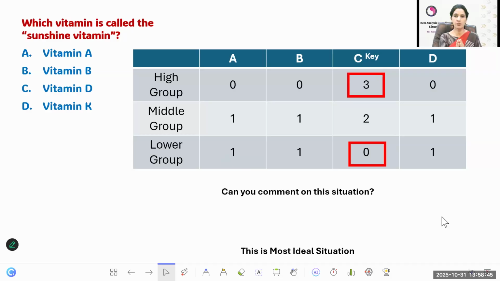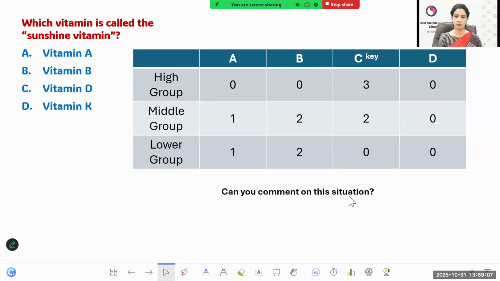What do I mean by most ideal? The lower performers could not guess the key and they have been distracted towards the distractors. They have not given the correct answer on this item, but they have selected all the distractors: distractor A, distractor B, and distractor D. So this is the most ideal situation.